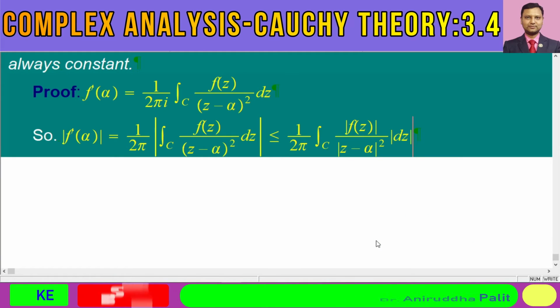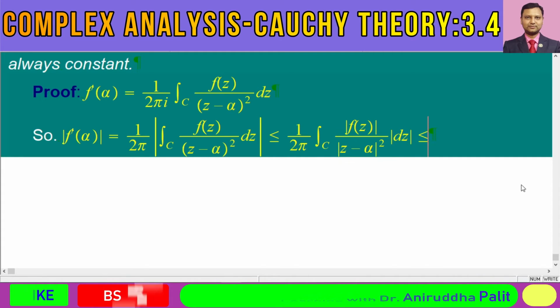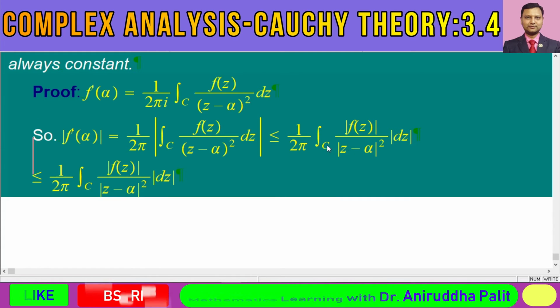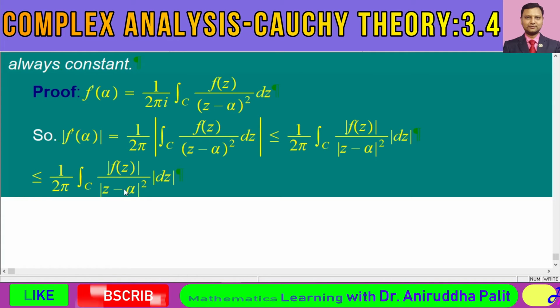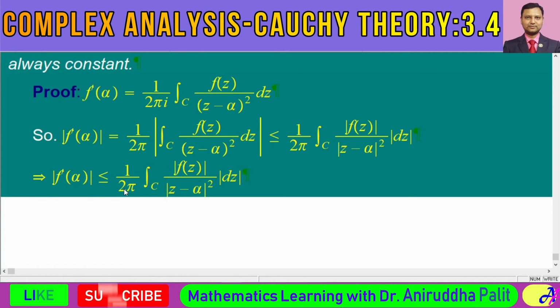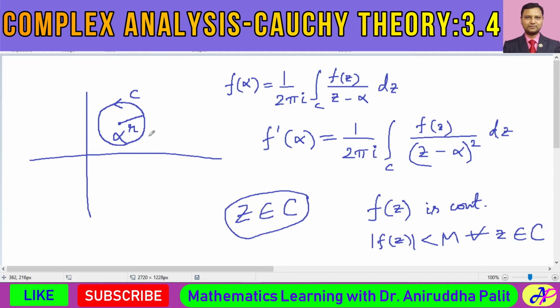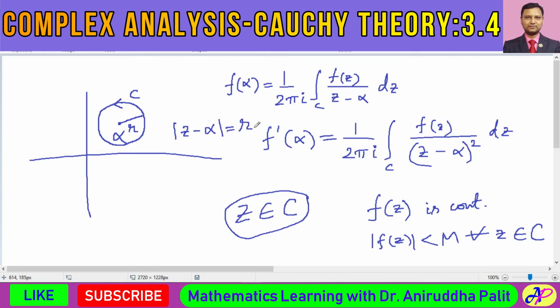Therefore we can now further write this inequality as less than or equal to capital M. And on this curve C, modulus of z minus alpha is equal to the radius small r.